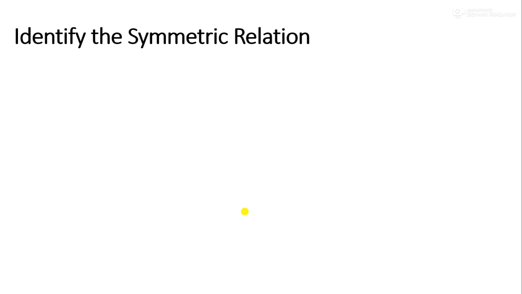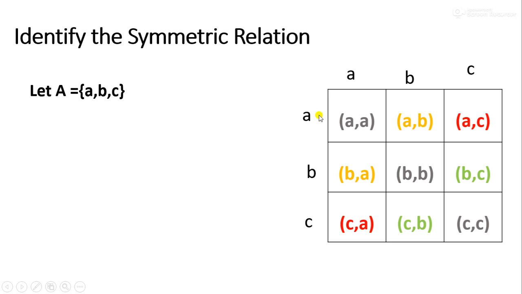So here we have set A, which contains the three elements A, B and C, and this is the matrix representation of A cross A, and we have relation R. We need to identify whether this relation is symmetric or not. Here we have AB, so we must have another element, that is BA.